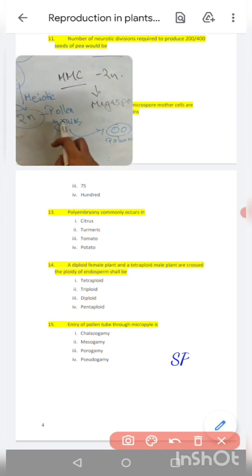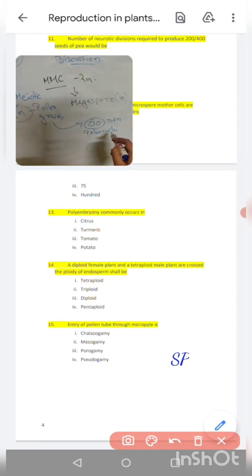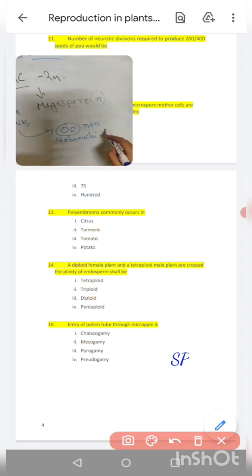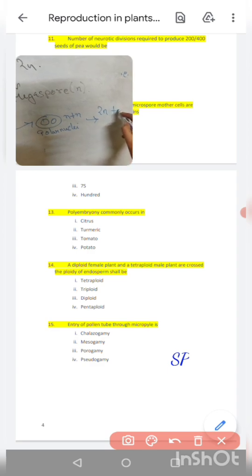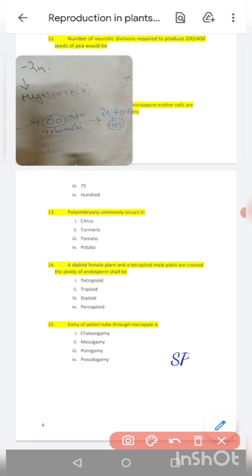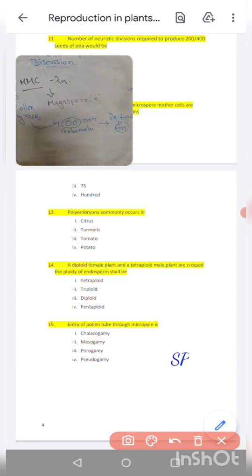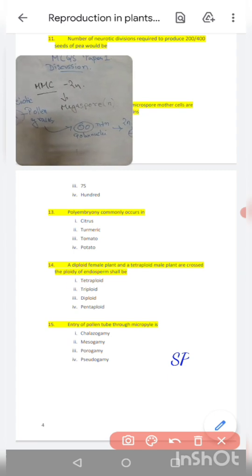So this pollen grain, which is diploid in nature, fuses with the polar nuclei, and as a result the endosperm will be formed. The ploidy will be 2n for the male gamete, plus n plus n, so it will be equivalent to 4n. So student, the answer of number 14 is number 1, tetraploid, 4n.